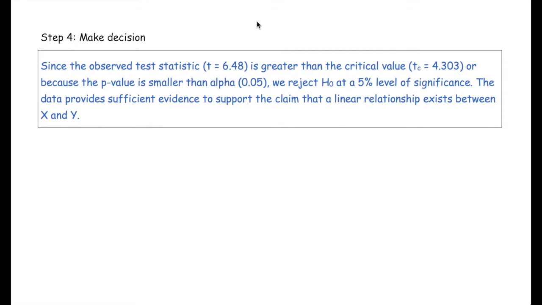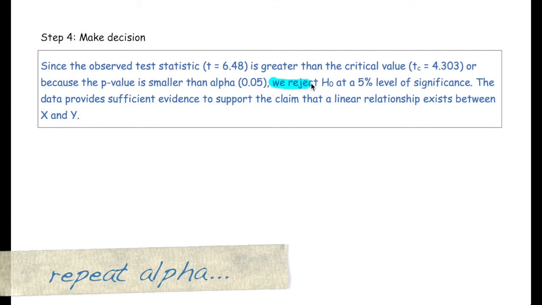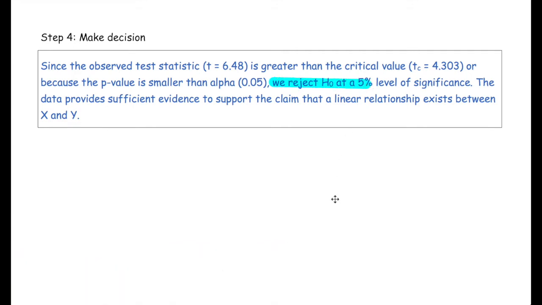In your conclusion, it's not a bad idea to repeat the level of significance. So you'd want to say things like, we reject H0 at a 5% level of significance. And you could say things like, the data provides sufficient evidence to support the claim that there is a linear relationship between X and Y. So once again, whenever you are rejecting H0, it means that X and Y are in fact linearly related.